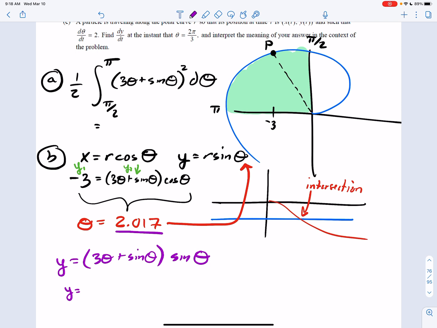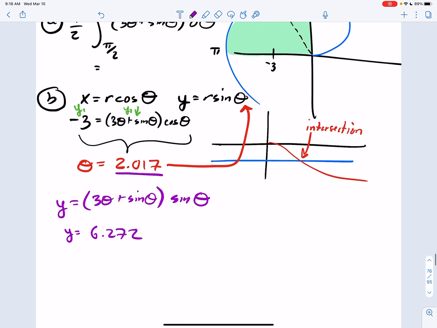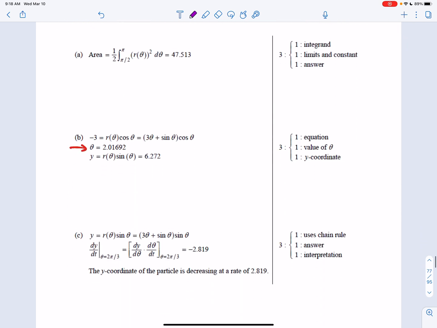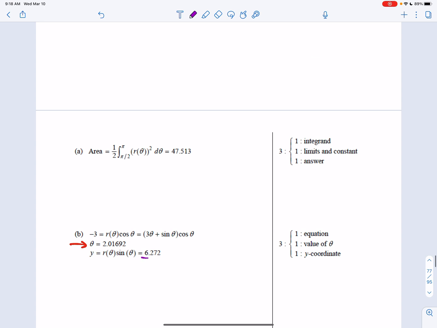I'm going to go ahead and go to the home screen, and press 3 times 2.017 plus the sine of 2.017, close it, twice, times the sine of 2.017. I'm getting 6.272. Let's see if rounding it causes it to change. No, it didn't. Okay, so it looks good.